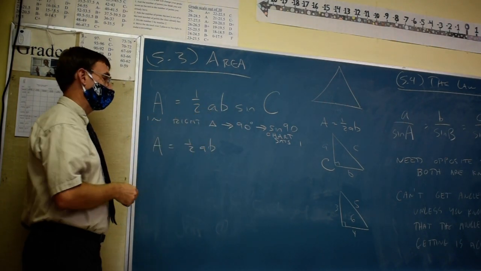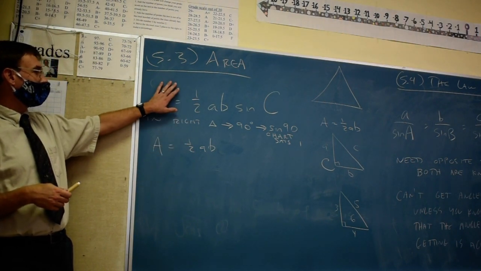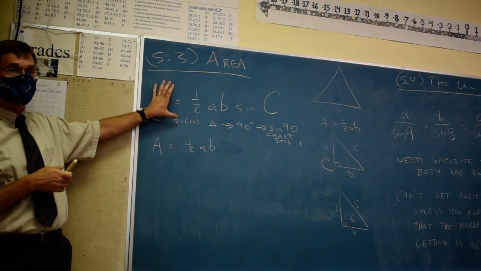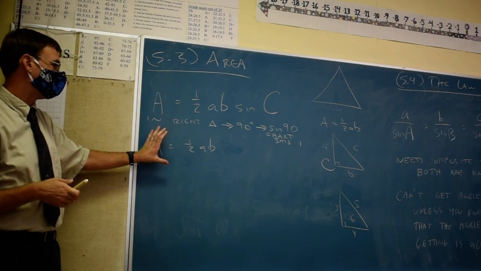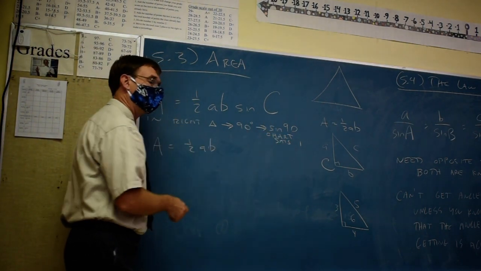So this formula, which you've known, is just a byproduct of this. This is the main overriding formula that can do any triangle. The one that you know is a special case of that, where sine is friendly to B1.